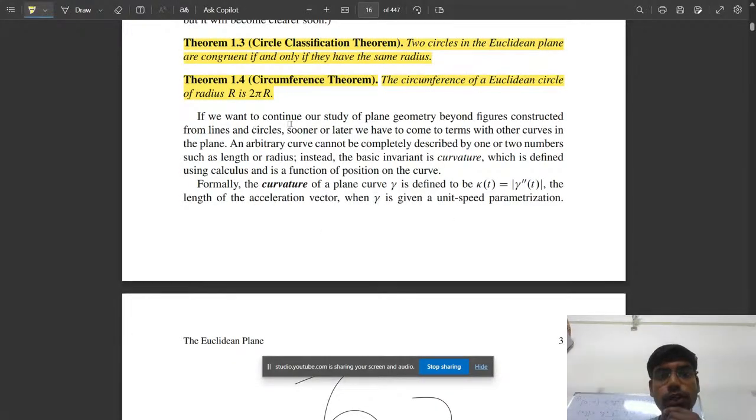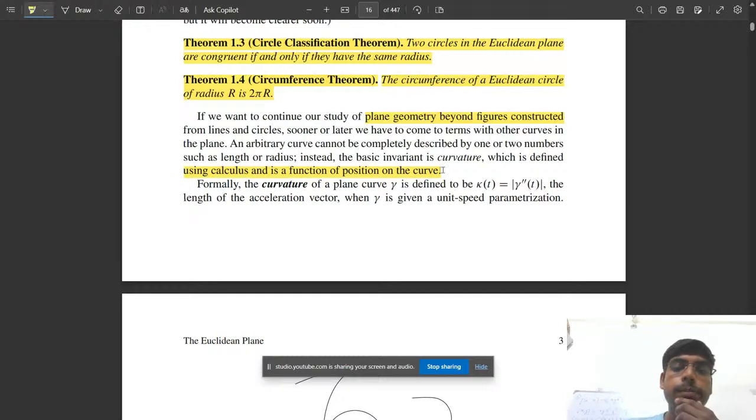If we want to continue our study of plane geometry beyond figures constructed from lines and circles, sooner or later we have to come to terms with other curves in the plane. An arbitrary curve cannot be completely described by one or two numbers, such as length or radius. Instead, the basic invariant is curvature, which is defined using calculus, right? And it is a function of position on the curve.